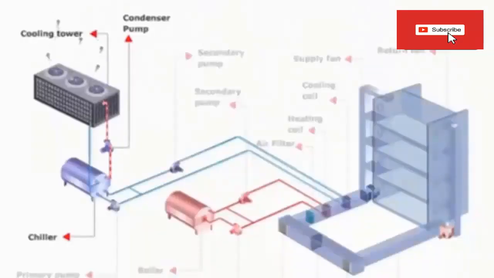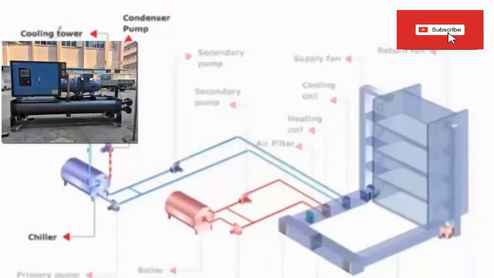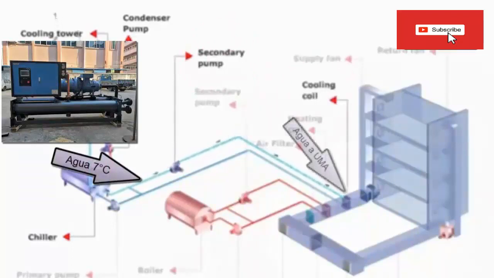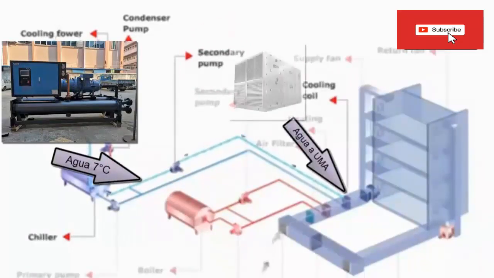Now we are going to explain the operation of the system in cold mode. The water leaves the chiller, for example, at 7 degrees Celsius. The water is directed through the pipes to the air handling unit and enters the heat exchanger.